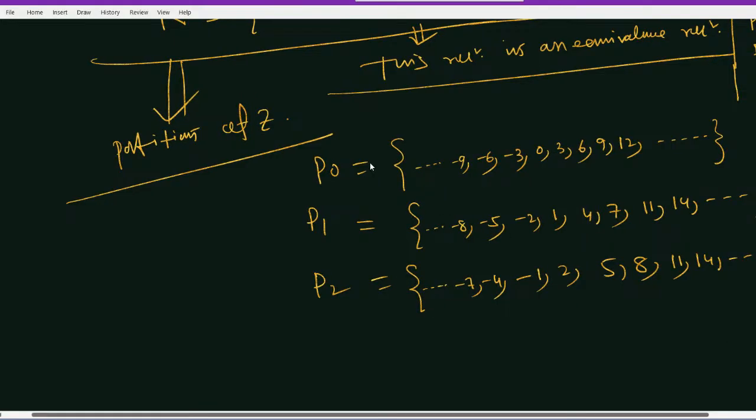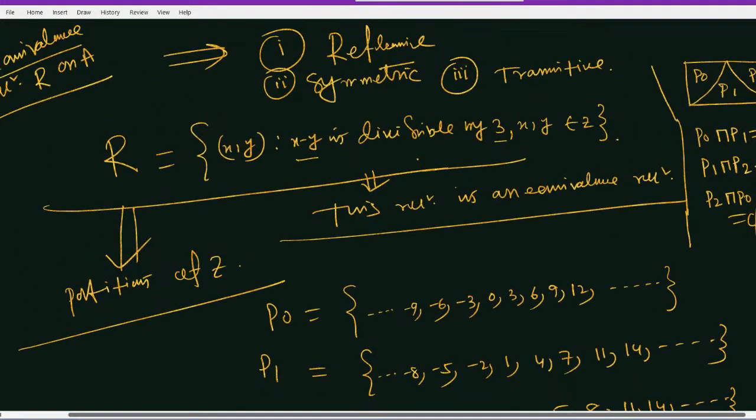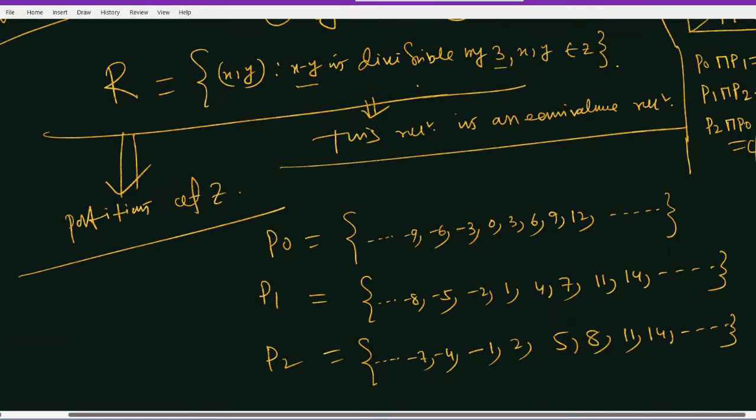What is the relation among these three sets? Have I found this kind of relation over there? P0 intersection P1 is a null set? Yes. P1 intersection P2 is a null set. P0 intersection P2 is a null set.